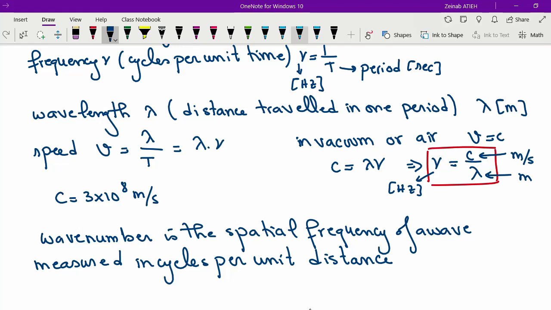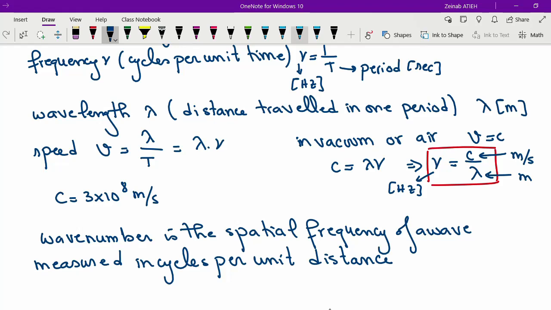The frequency is the cycles per unit time, while the wave number is the cycles per unit distance. So they are similar. The frequency is how many cycles it performs per unit time, per second, while the wave number is how many cycles it performs per meter, per distance. So it's somehow a frequency, but not over time: if it travels one meter, how many cycles does it make. So this is the difference between a wave number and the frequency.